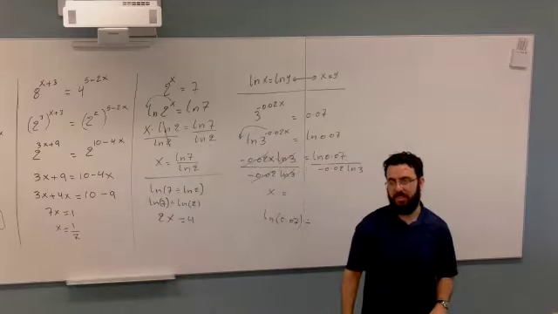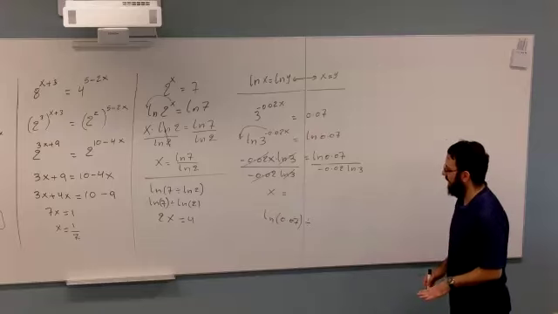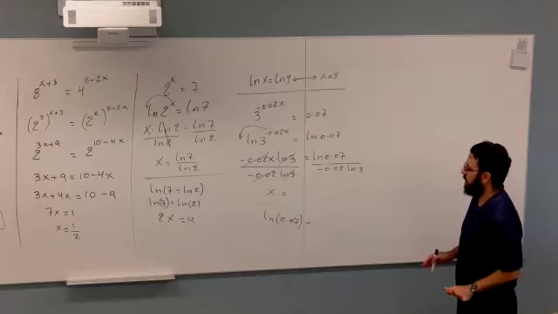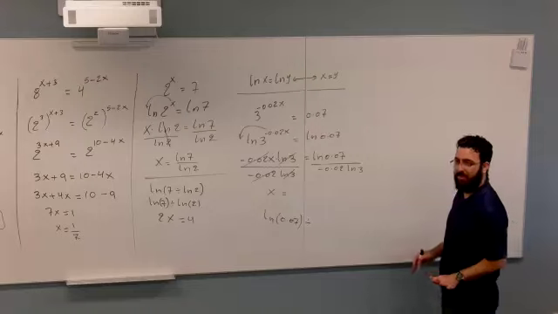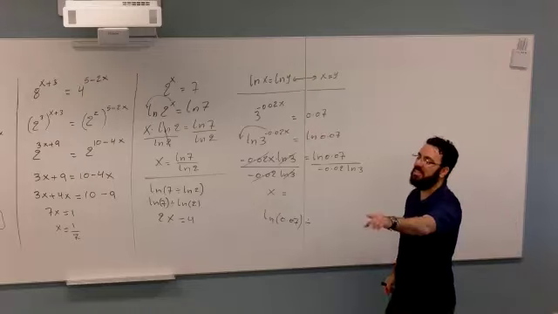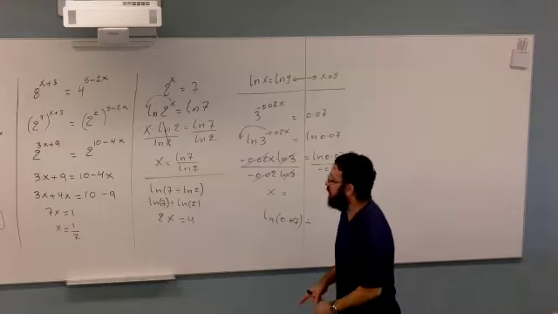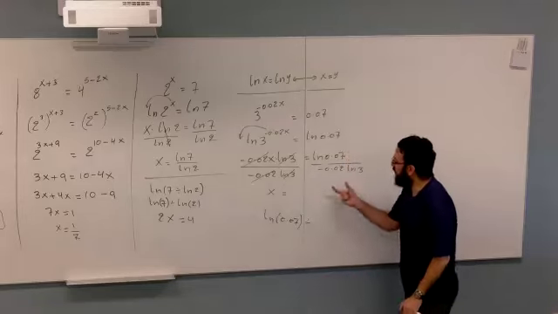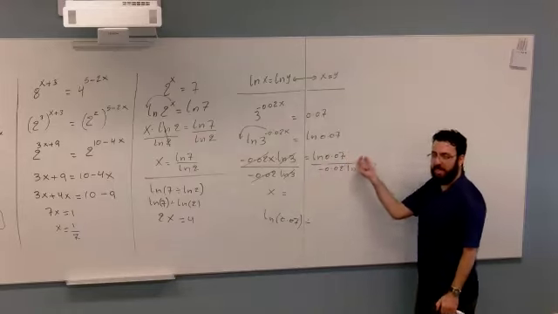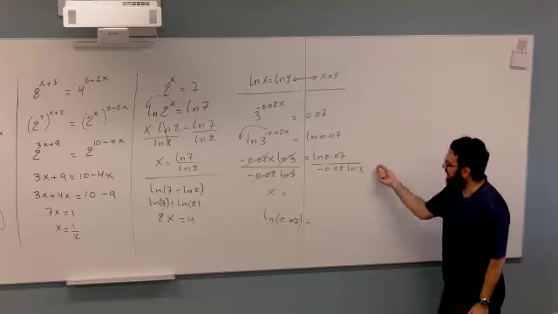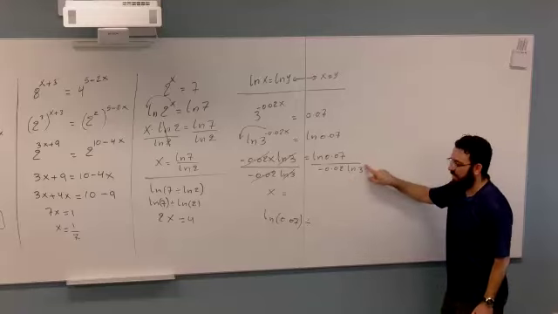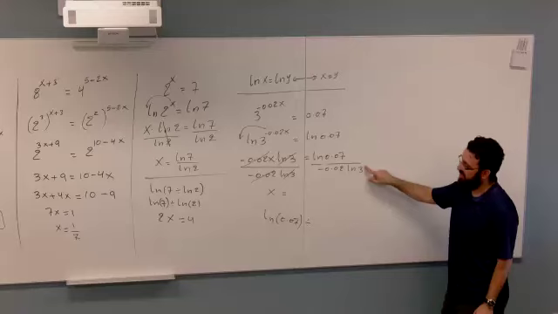I know you're going to make mistakes. ln 3 and then the exponent on top. There's no exponent. If you want to move this one here, it's going to be totally right. If you move the whole number here, or you can just leave it like that, it's going to be right.